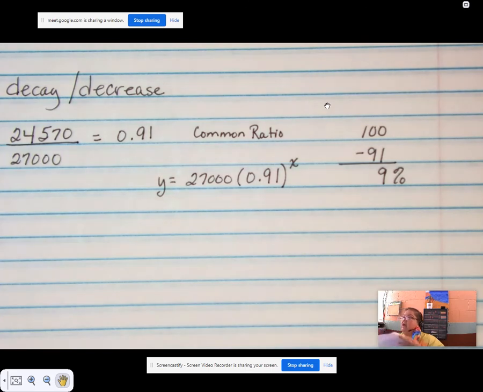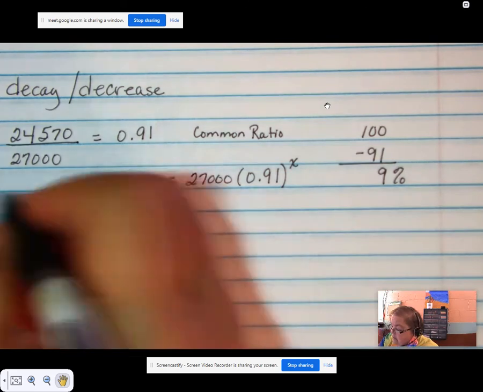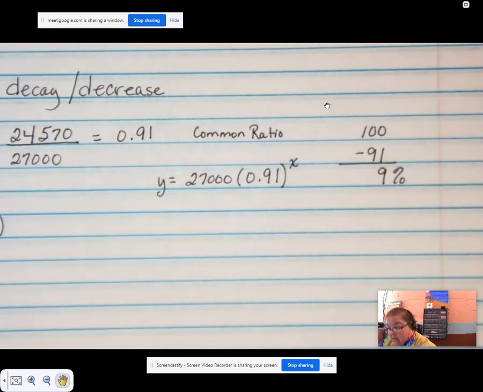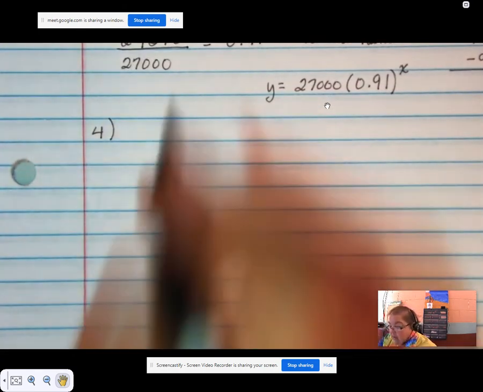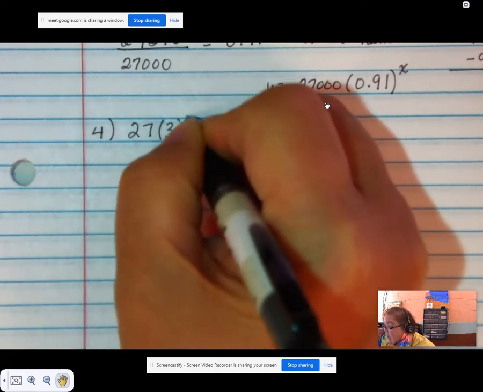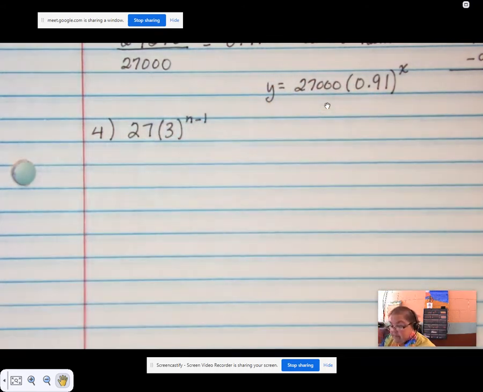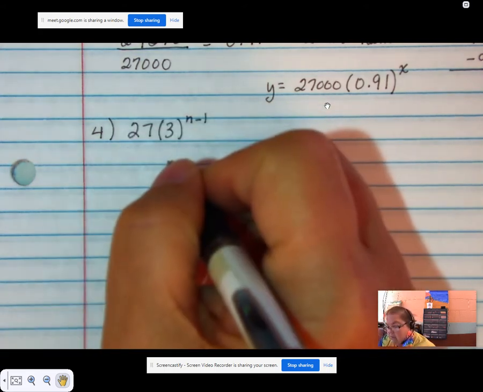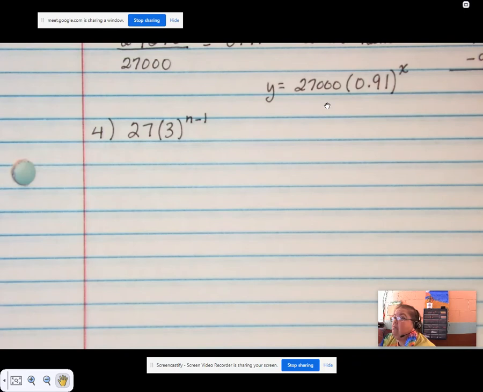So let's look at number 4 on the back. This should touch on another one. Select all expressions equivalent or equal to. Equivalent means equal to. So 27 times 3 to the n minus 1. This is y equals. It doesn't say that, but it is y equals.